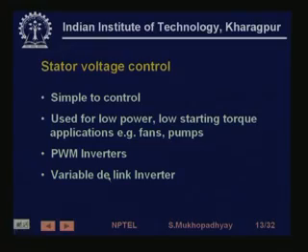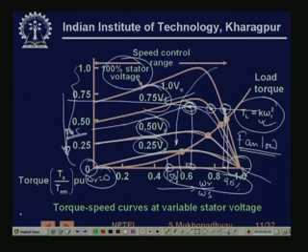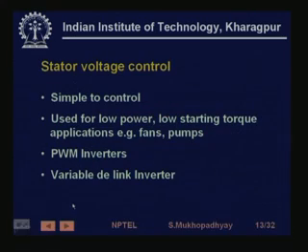PWM inverters can be used for stator voltage control, but they are used not just for voltage control, also for frequency, as we will see right now in this lecture. Or you can have a variable DC link voltage. Or we can have series AC controllers, as I said, like triacs. We are not talking about them right now.